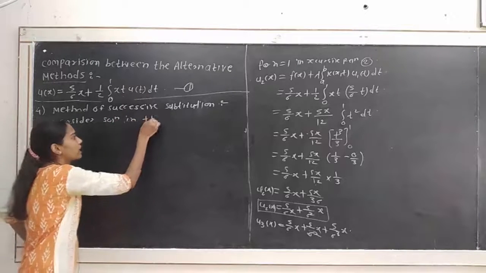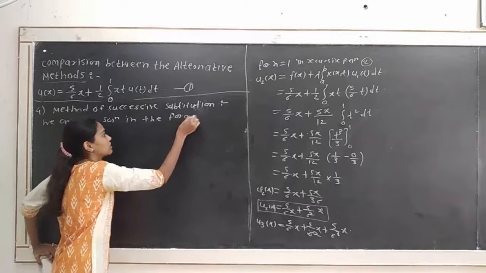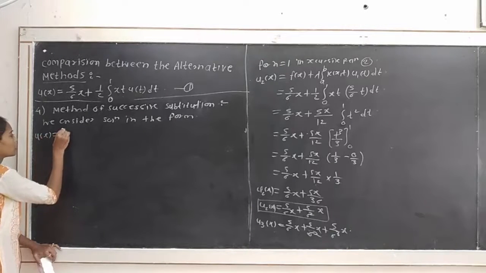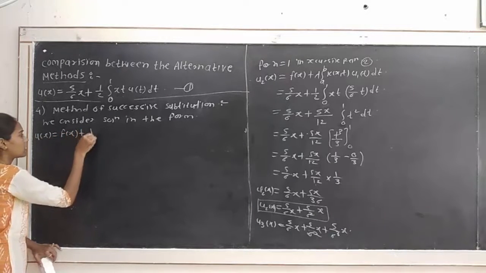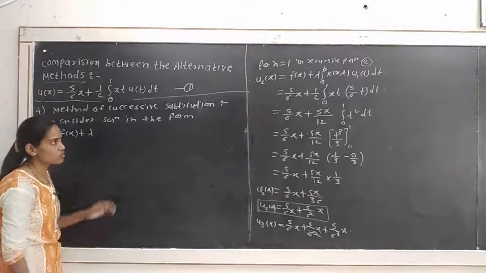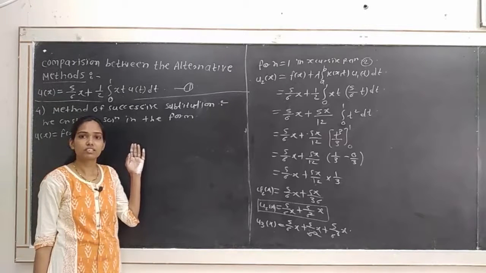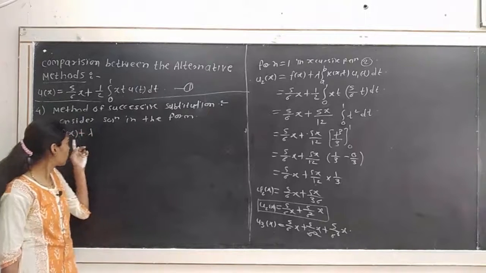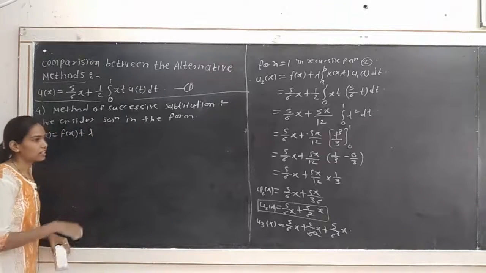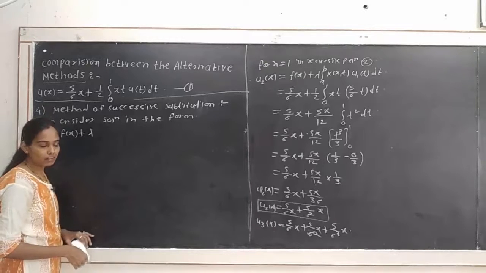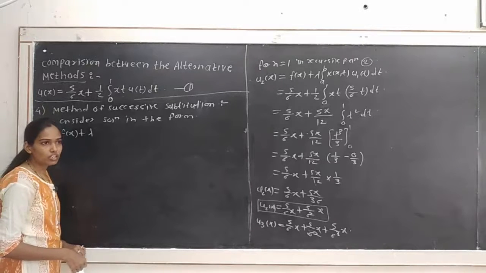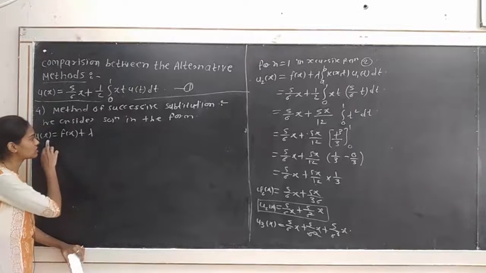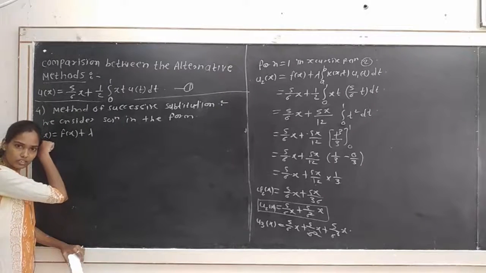Okay, so by the successive substitution method we consider the solution in the form where we can directly write the series: u of x is equal to f of x plus lambda. That means in the successive substitution method we replace the unknown function u of x by the function f of x, and then the terms are added by putting x equal to t, t equal to t1 in the successive terms, that is in successive values of u of x kernel.